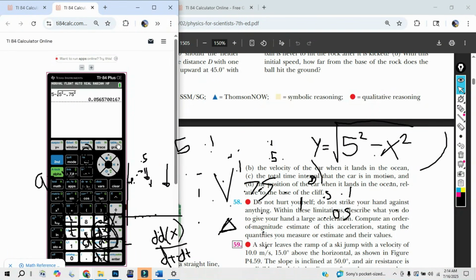If we did a hundredth of a second, this thing is going to go to 0.075 squared. And we're going to get 5.6. We're basically going to get the same number. And aren't we going to get the same number here? Yeah, we've already done that. That's kind of fascinating that we're going to get the same number here.